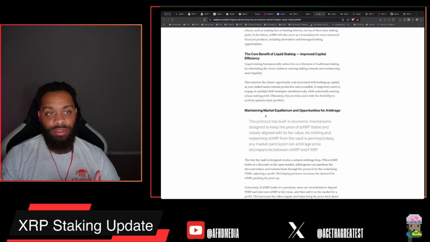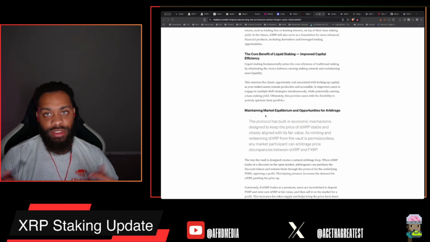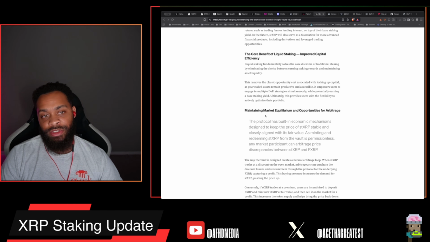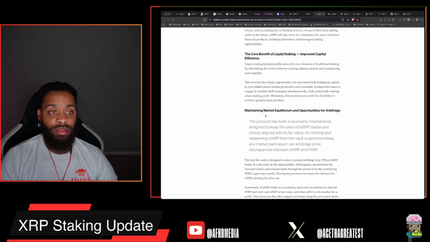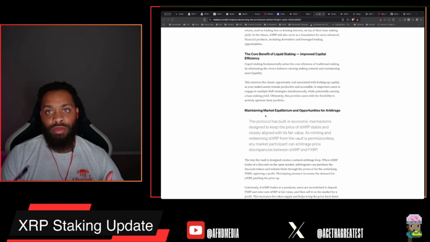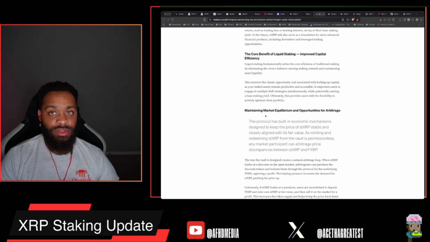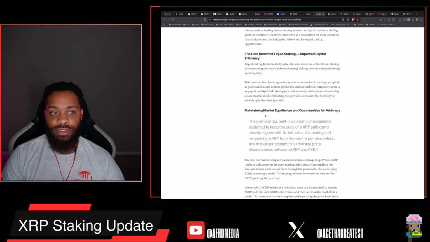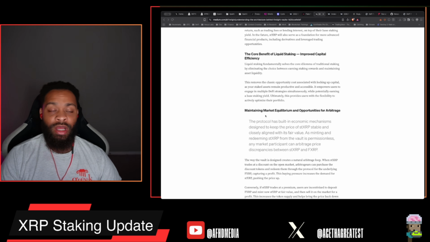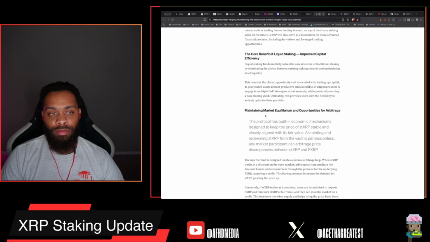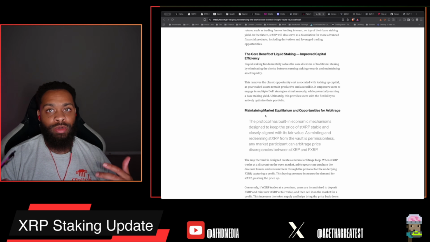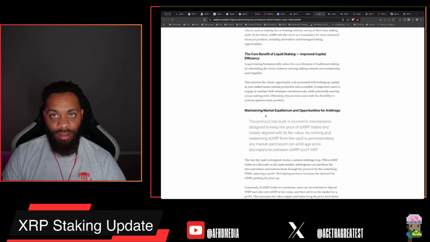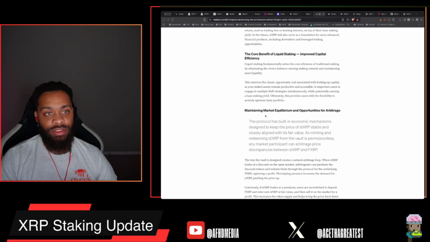Then you have Scepter come into play, introduced sFlare, the liquid stake version of Flare, and it essentially removed that opportunity cost. Now you can stake your Flare tokens, provide security to the network, but also simultaneously take advantage of other DeFi opportunities to earn an additional yield on your assets. This is the same concept. Firelight is essentially doing what Scepter did for Flare, but with XRP, at least starting out.